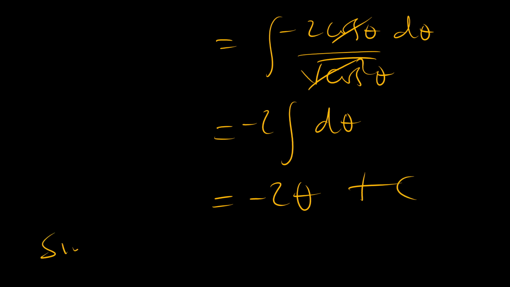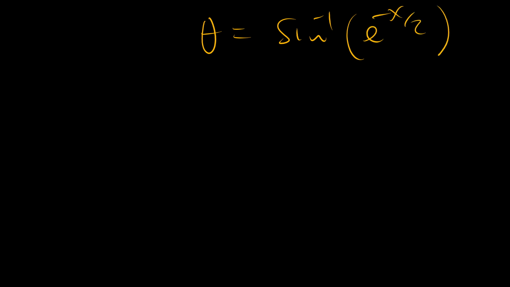But since we said e to the power negative x over 2 equals what? Sine theta. What that means is that theta is equal to arcsine of e to the power negative x over 2.